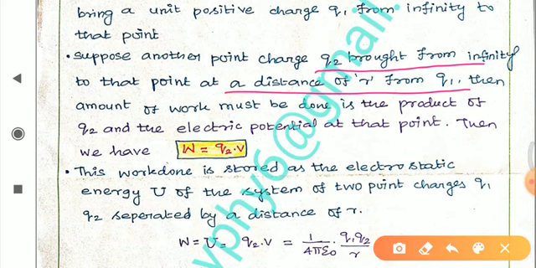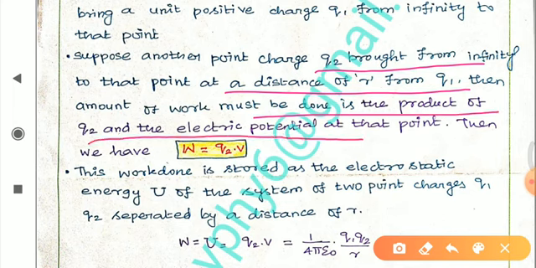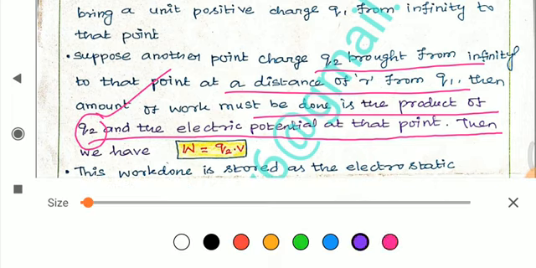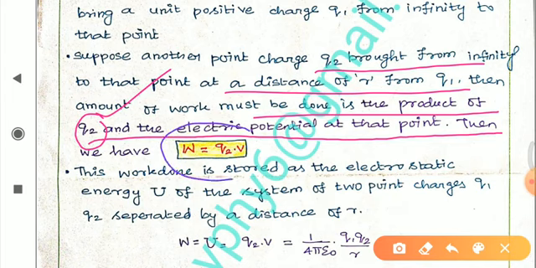Then what is the amount of work done? The work done must be equal to the product of the charge and the electric potential produced at that point. Which charge? The charge which is going to be brought, Q2. And the electric potential is already being produced by the charge Q1. So W is equal to Q2 into V. This work done will be stored as potential energy.